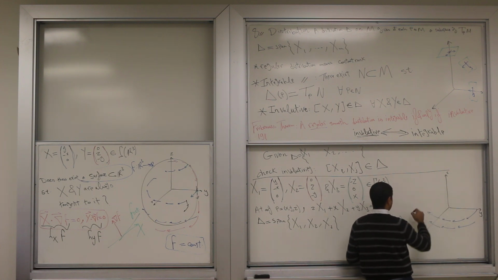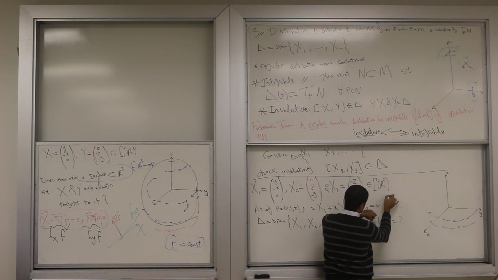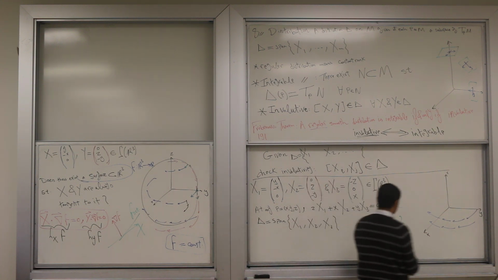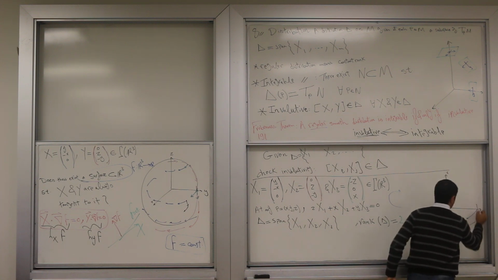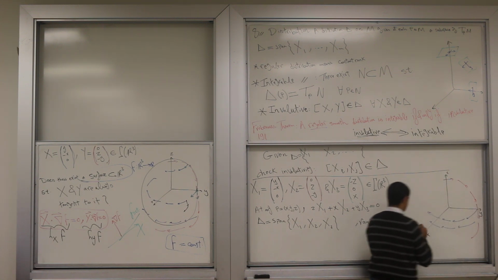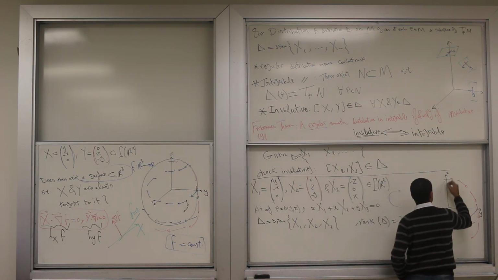And the vector field is defined everywhere. If you go here, it's something like this guy. It's defined everywhere. The red is something like this, like that. And the green is here.